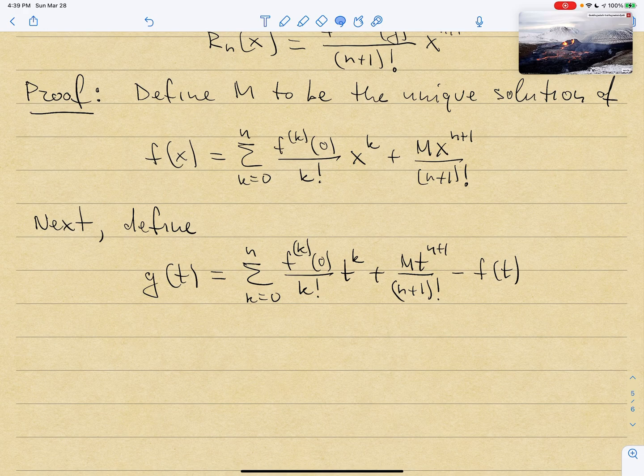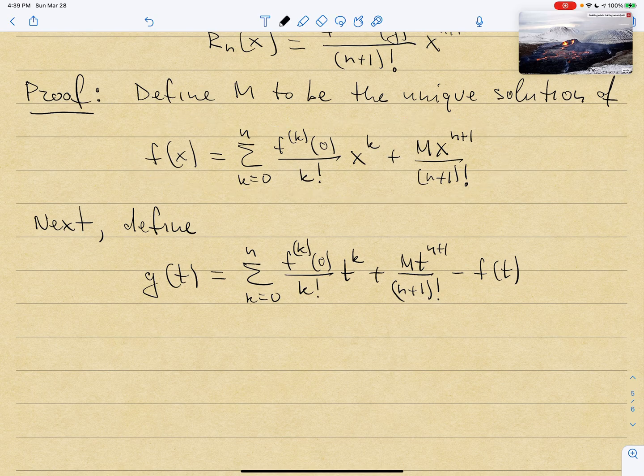So then what do I know? I know that if I insert t equal to x here, then on the right-hand side, I'm going to get 0, right? Because x satisfies this equation.